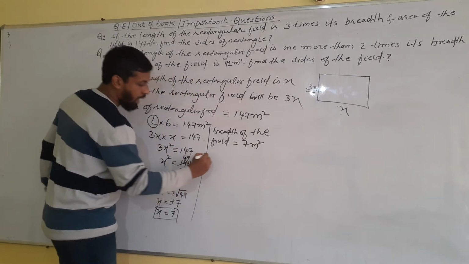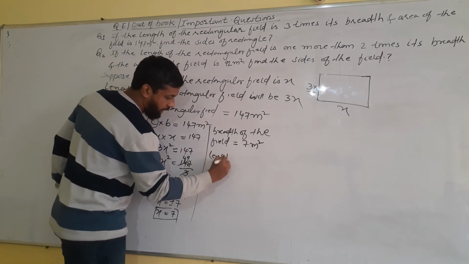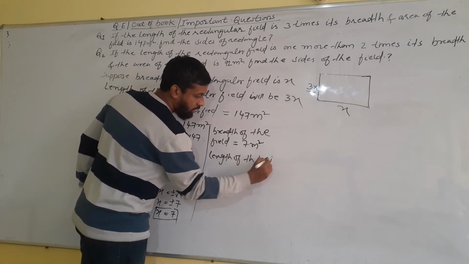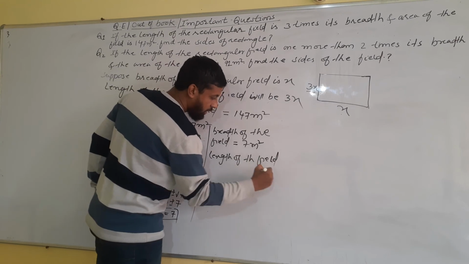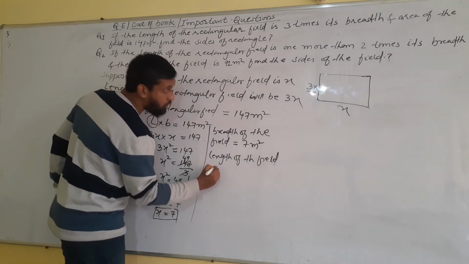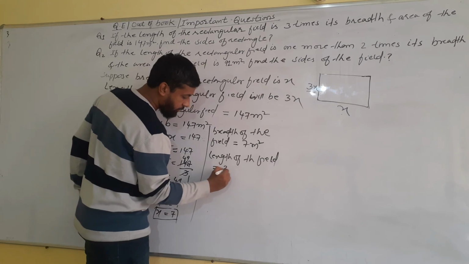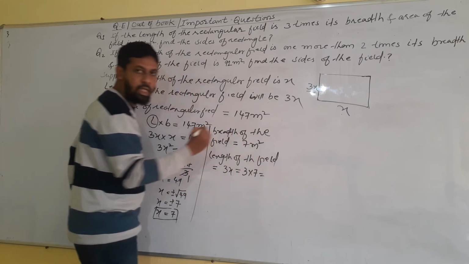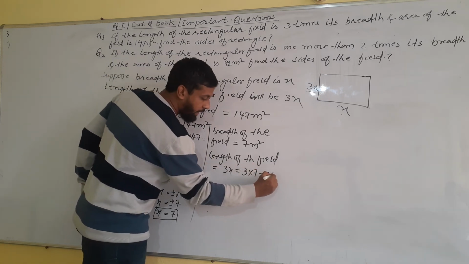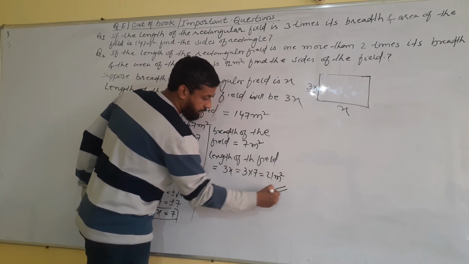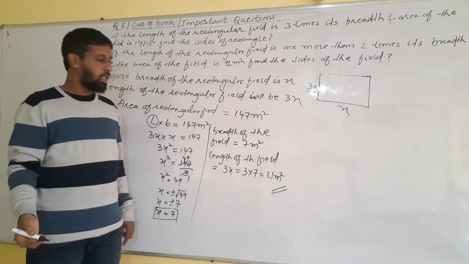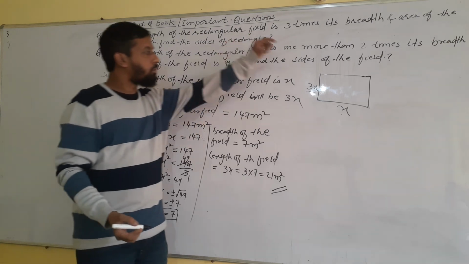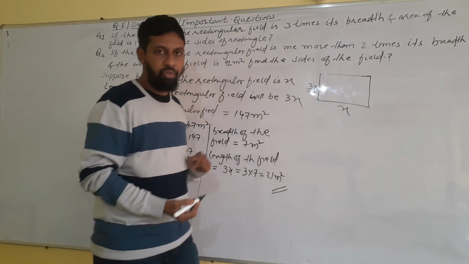Now length of the rectangular field is equal to 3x. Now 3 into the value of x, which is 7. 3 sevens are 21 meter. We got it. So this is how we can find the size of the rectangular field.